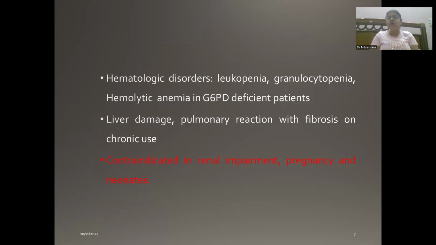Hematological disorders: WBC count can be reduced, granulocytopenia can occur, and hemolytic anemia can occur in G6PD deficient patients. It can cause liver damage and pulmonary reaction with fibrosis on chronic use.